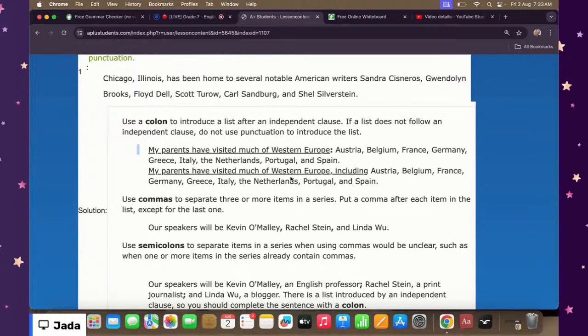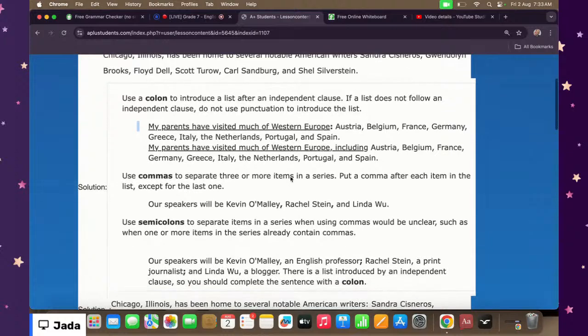It says that if it does not follow an independent clause, do not punctuate. So it has "including" already, so it's not following an independent clause. All right, so you do not have to put your colon.